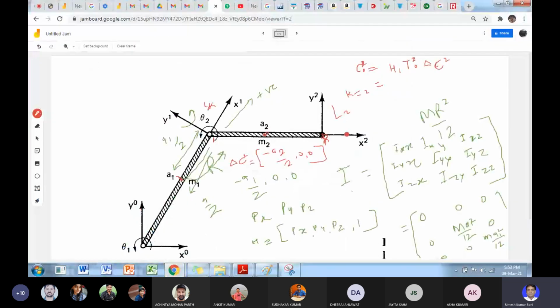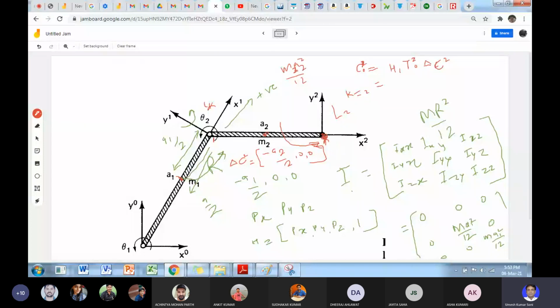In the x direction, the inertia will be 0, and while rotating along the y axis, it will have m2 a2 squared, where m2 is the mass of the second link and a2 is the length of the second link, divided by 12.